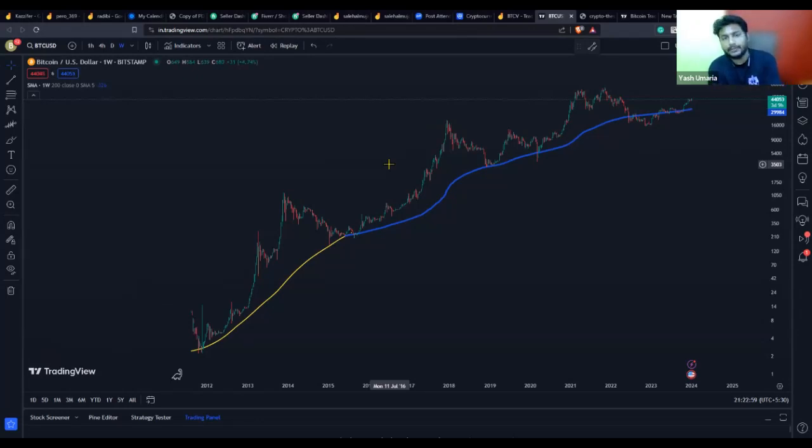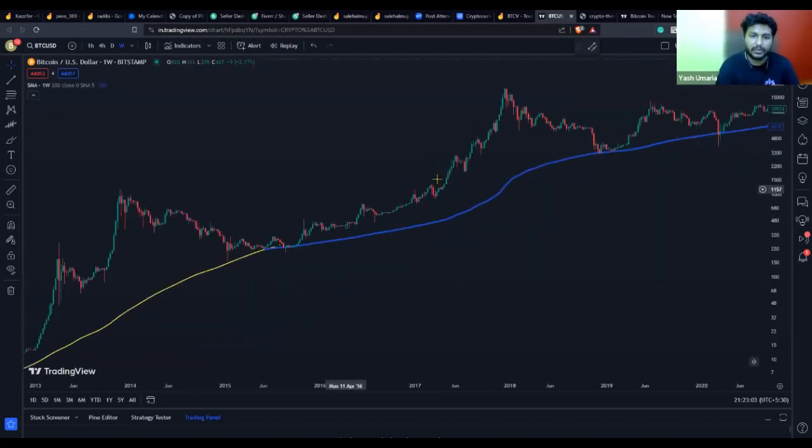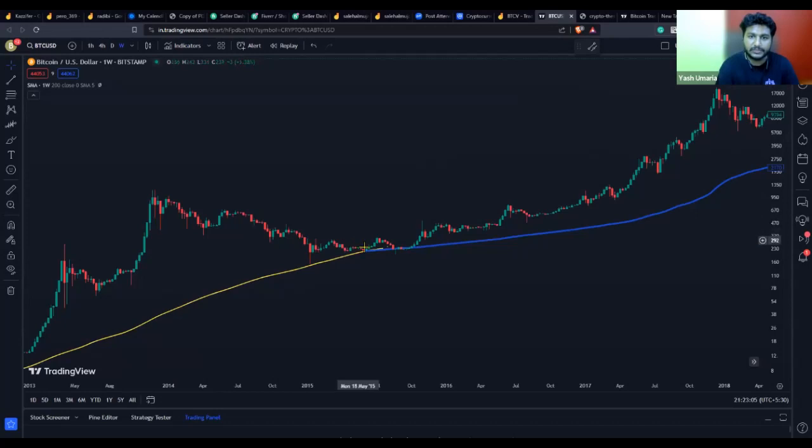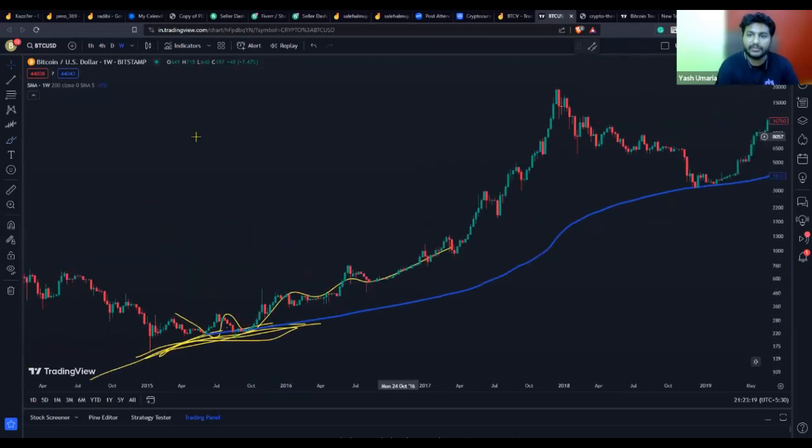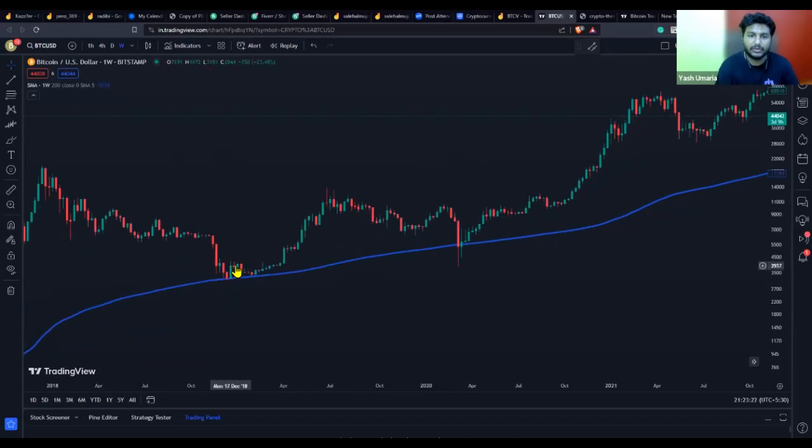Whenever the price touches this particular level, the market starts moving up. Even in the accumulation phase, this was the minimum for Bitcoin. Even if you see in 2018, same logic.